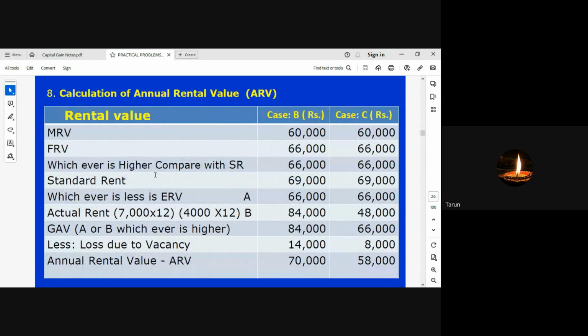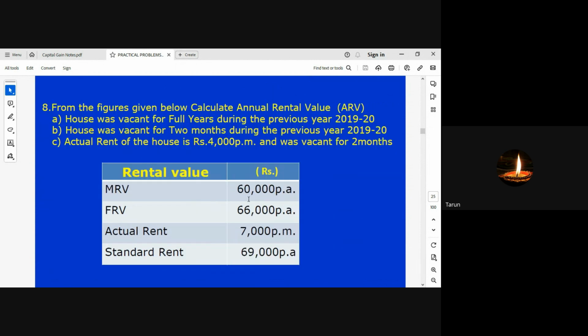Then we talk about the fair rental value, because in step one we need to compare these two values. Whichever is higher will again be compared with the standard rent.